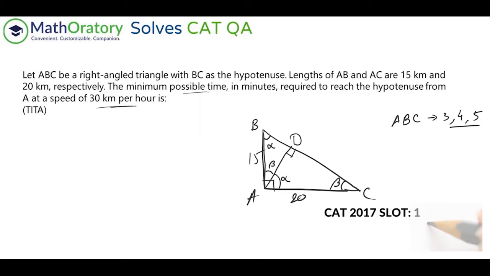This is something you can do without even writing alpha beta. You can use alpha beta to find the corresponding angles and sides, but I'll show it without writing that. I'll consider BDA. In BDA, what will be the angles corresponding to ABC, because they are similar?